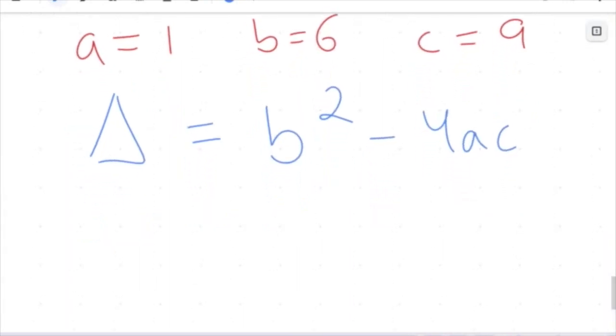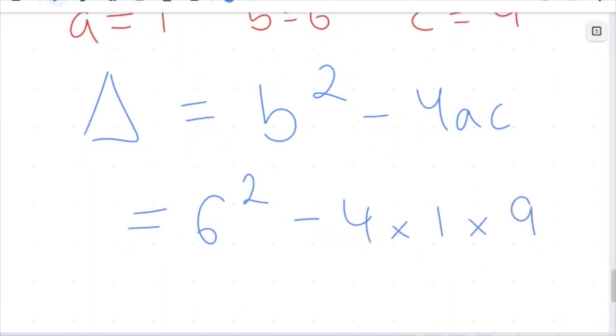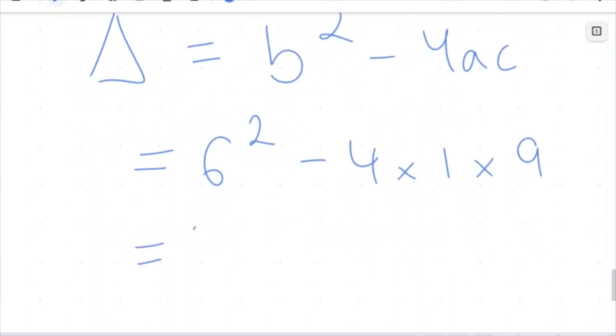I'm going to work through this one a little quicker because hopefully by now we'll be a little more comfortable with these. So I have 6 squared minus 4 times 1 times 9. Now 6 squared gives me 36, and negative 4 times 1 times 9 gives me negative 36.